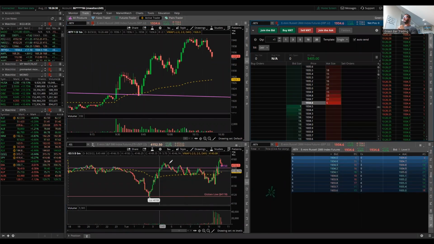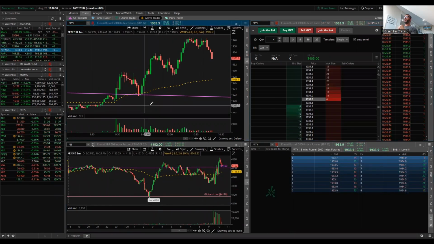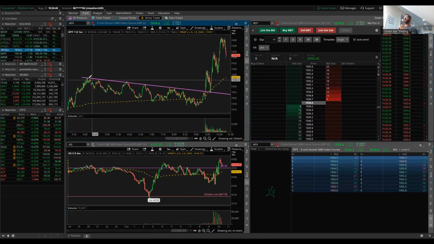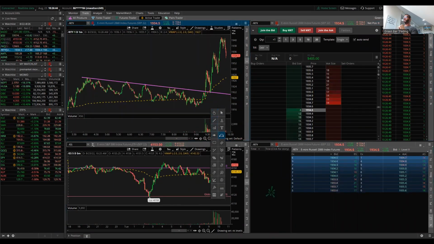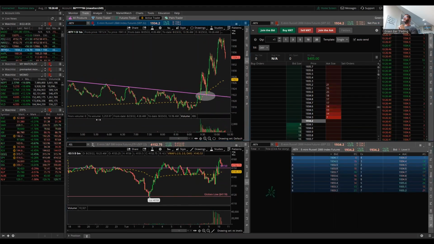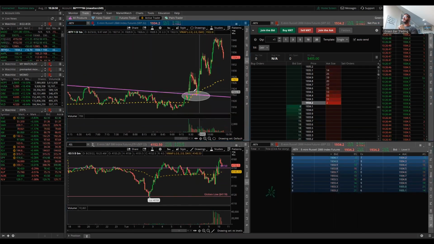I'm also looking at the ES down here that's coming back to support. You have, first of all, the trend line from this morning, the pre-market, was a perfect entry as well. So, like I said, multiple confluences for me to get long here.